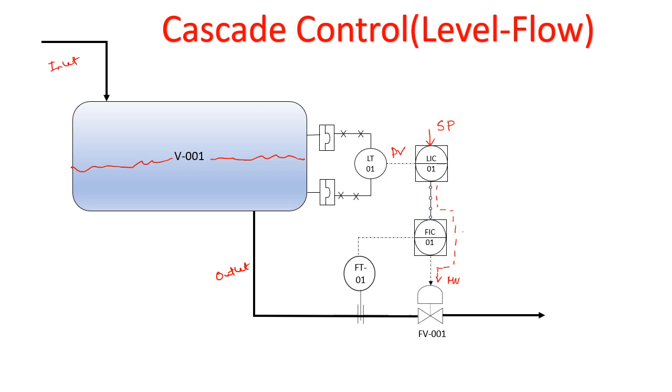But what happens in this kind of control if there is a large variation in the downstream process? In the downstream, there may be another valve, right? There may be an on-off valve, and there may be some other processes, right? So suddenly, if there is something that causes this valve to close, right? Somebody closes this valve because of a downstream reason, then what will happen?